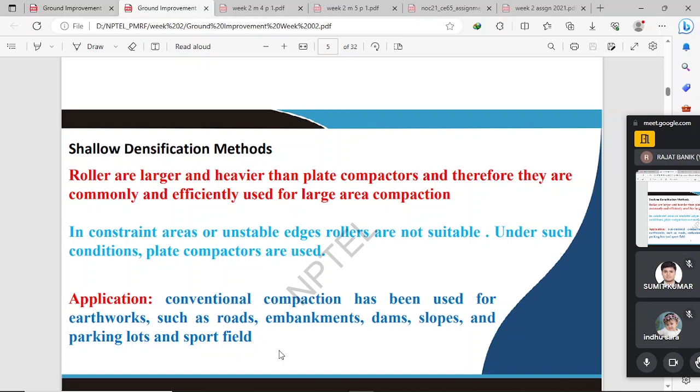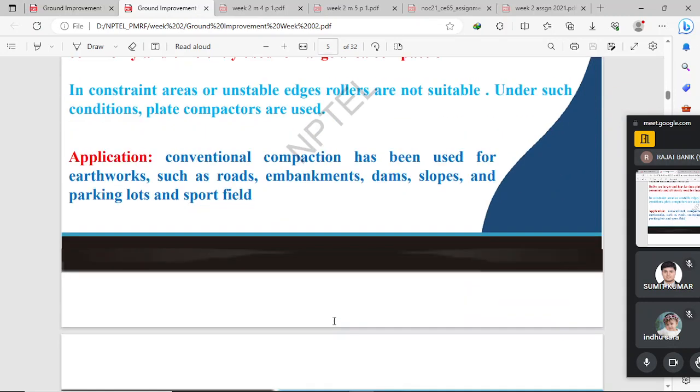Here we have different types of soil geomaterial, and for that material we apply different moisture content and then apply the smooth wheel roller or vibratory compactor or plate compactors to improve or flatten the ground. It is mostly used for roads and embankments. It is very widely used, cheap, and popular for this purpose.